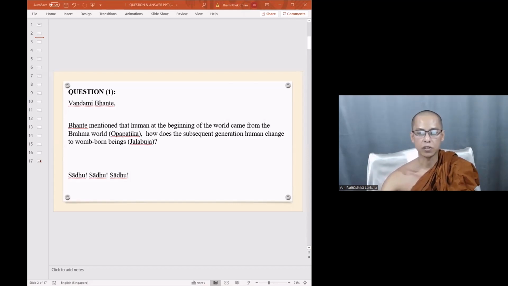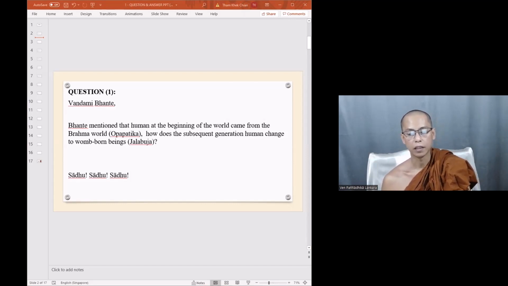That's why they are very similar to the Brahma, and also have the power to go through the air in space, and they can emit light themselves. So very similar to the Brahma, but in my opinion, they are not real Brahma. They are human beings at the beginning of the world.